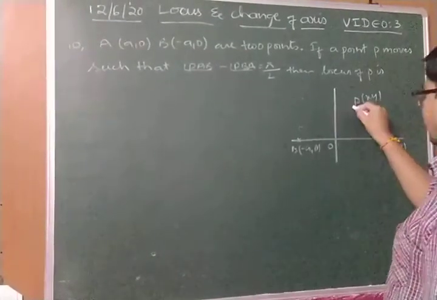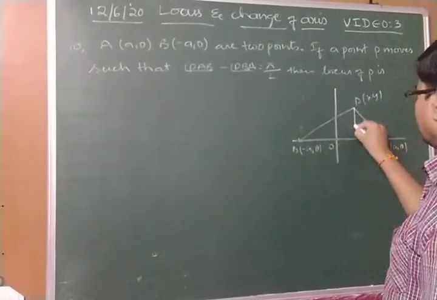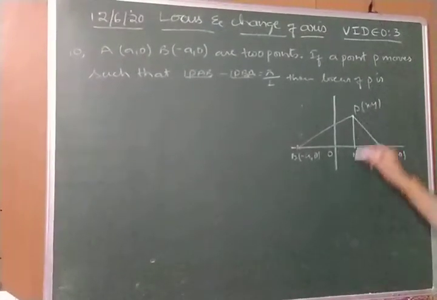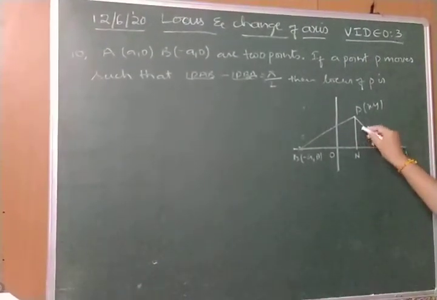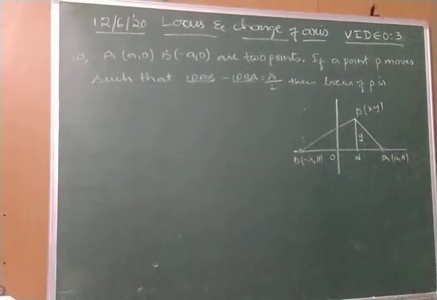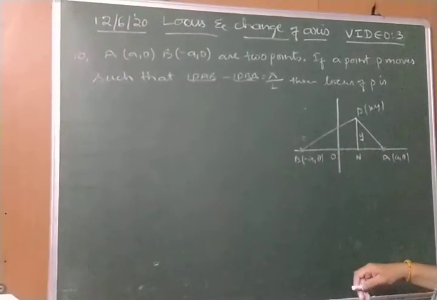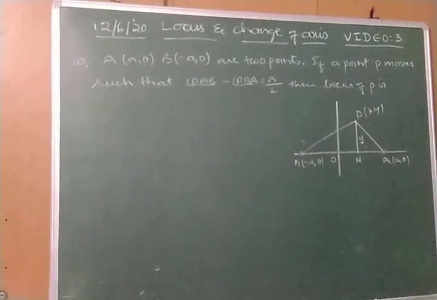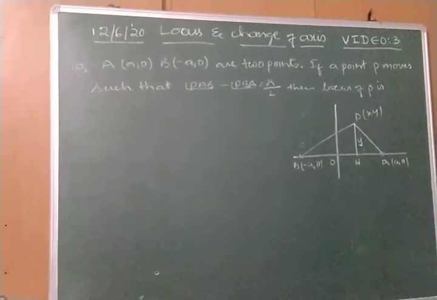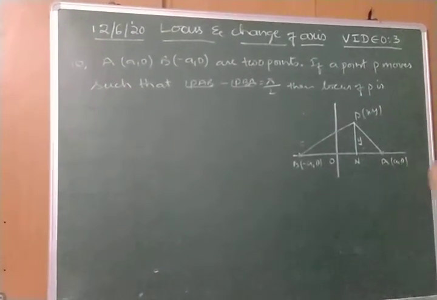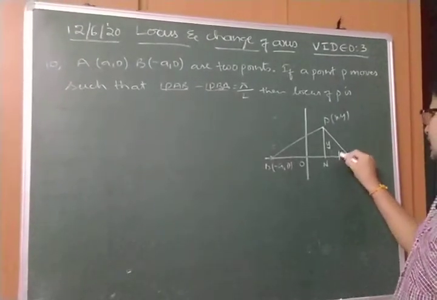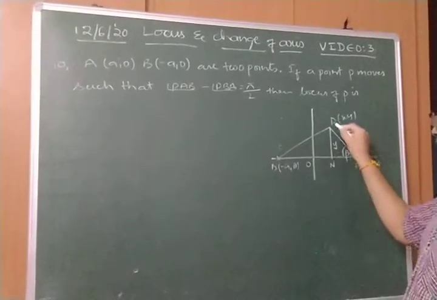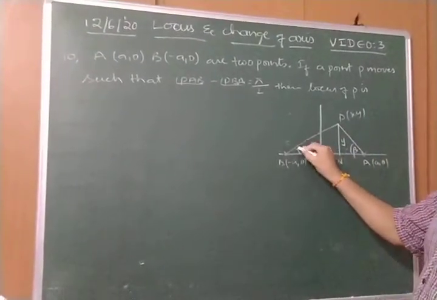Join PA and PB. Draw PN perpendicular to the x-axis. Now we know that PN is equal to y. Here we take angle PAB as beta and PBA as gamma.